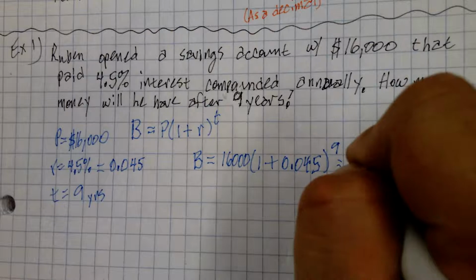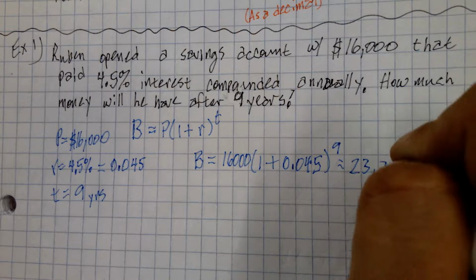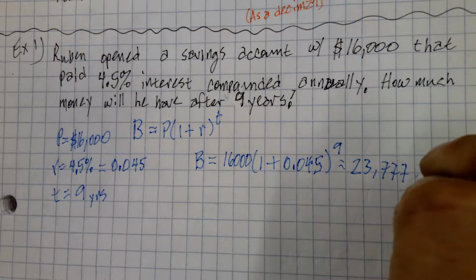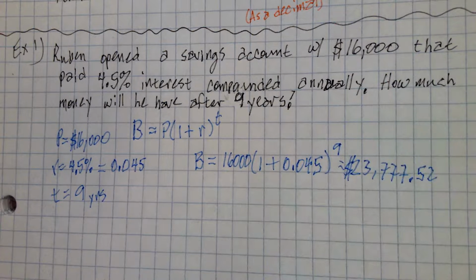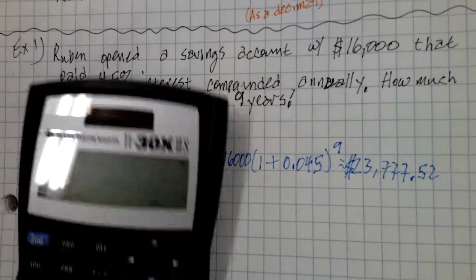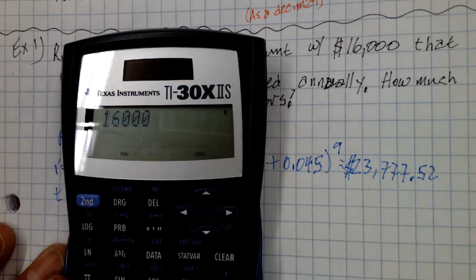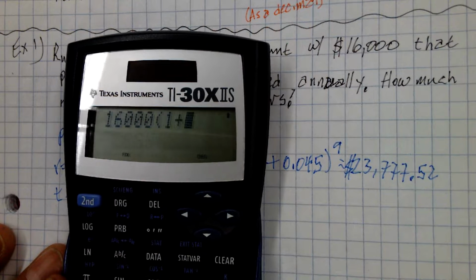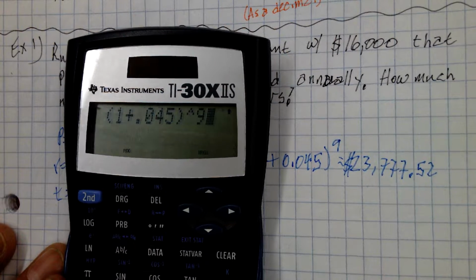23,000, $777 and 52 cents. I'll try it myself. 16,000 times parentheses 1 plus 0.045 raised to the ninth power.